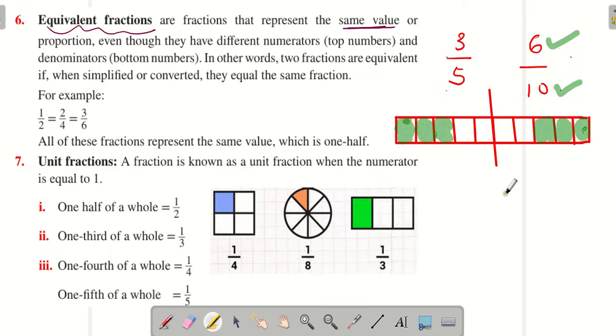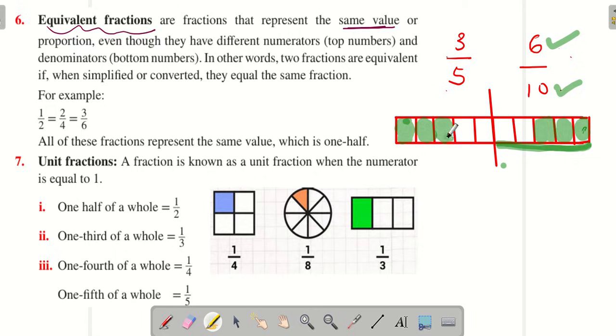Now, if I divide this whole rectangle into 2 equal halves, then I am going to get a whole of 5 for one part. And out of that whole, it is only 3 that has been shaded. Therefore, we get 3 out of 5. Then the other part, we also have 3 out of 5.